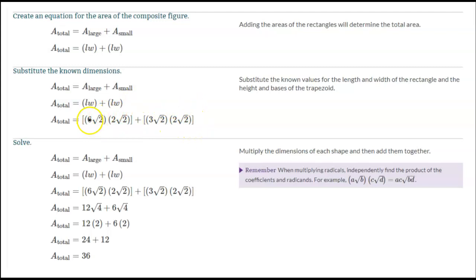So I'm going to say 6 times the square root of 2 times 2 times the square root of 2. Notice that I'm going to get 6 times 2, which is 12, and the square root of 2 times the square root of 2, which is the square root of 4. Then I'm going to add all of this together to see that my total is 36.